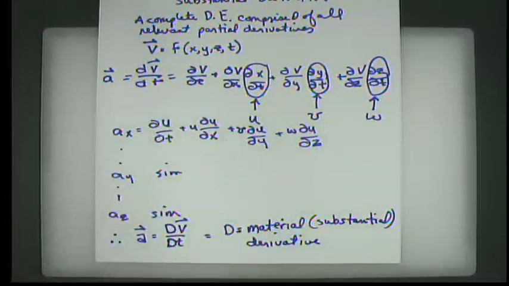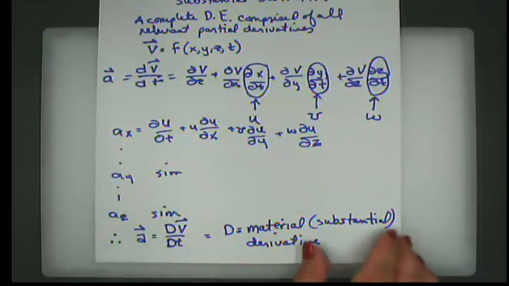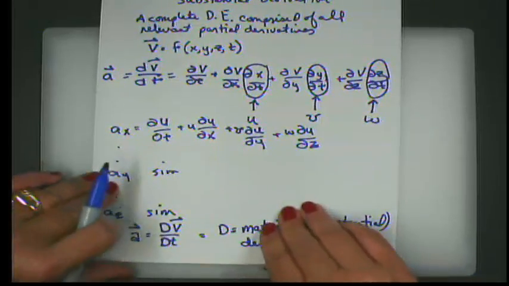So physically, the interpretation is we are taking into account all of the changes in all of the spatial and time coordinates. Mathematically, what we're finding is that it's the partials in each of those directions.